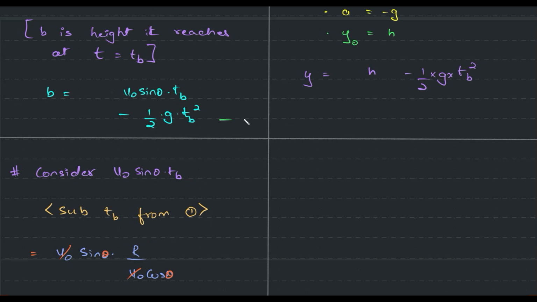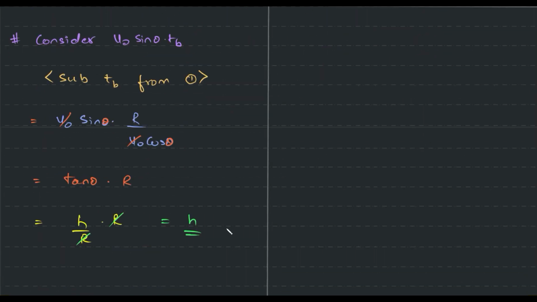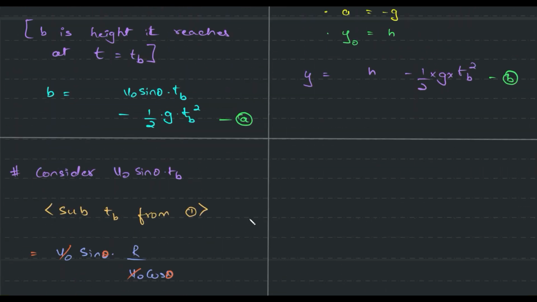So I'll call this as, say, A. I'll call this as B and C. From A, B, C, what can you tell? Finally, from A, B, C, B is equal to Y. Okay, so both are equal to h minus half g tb square.